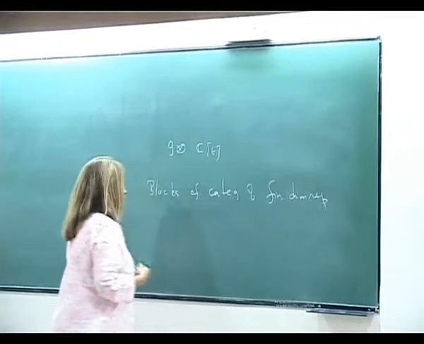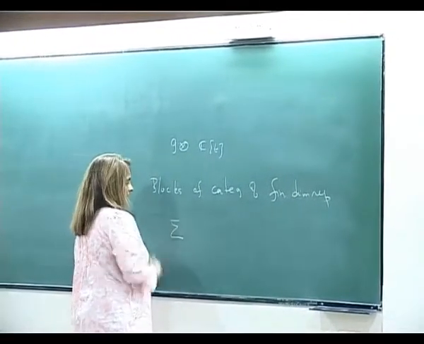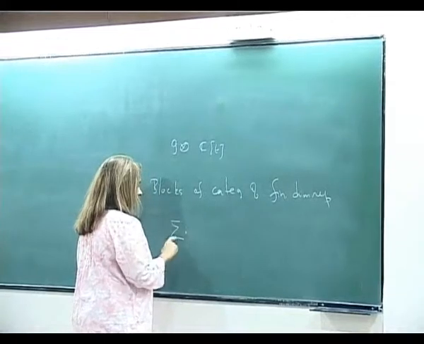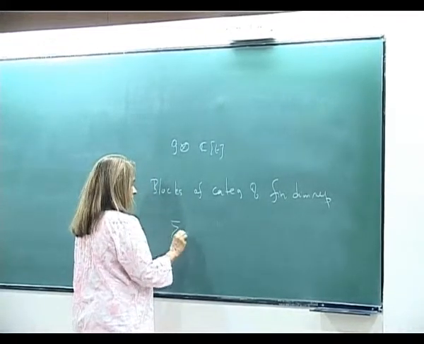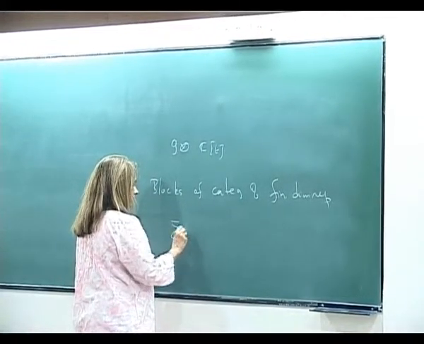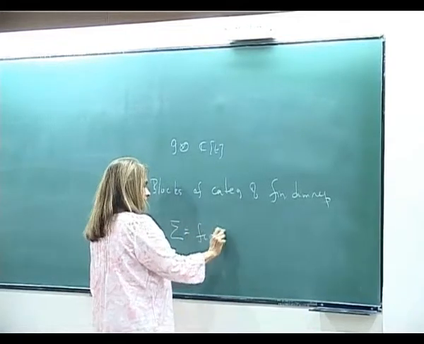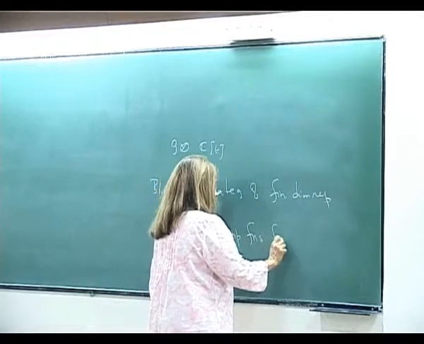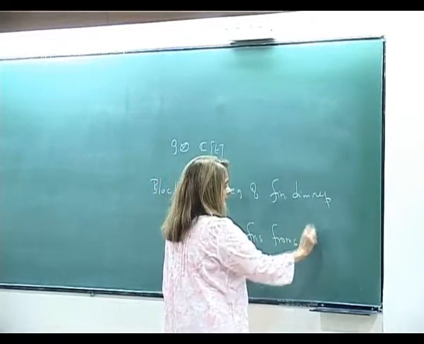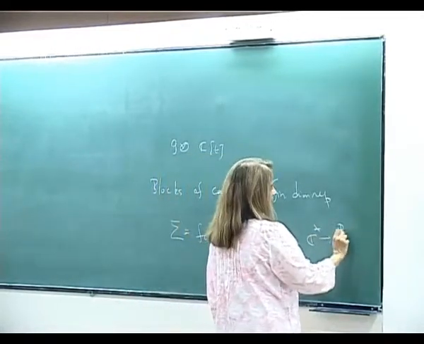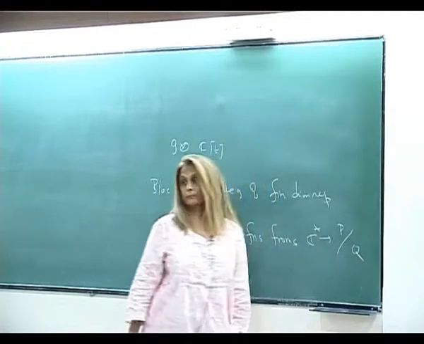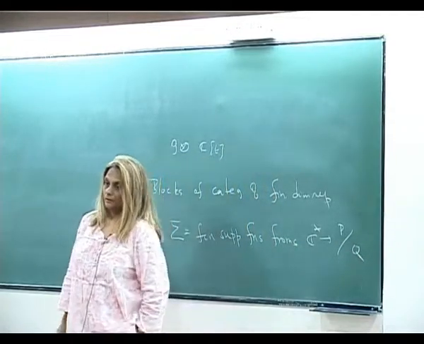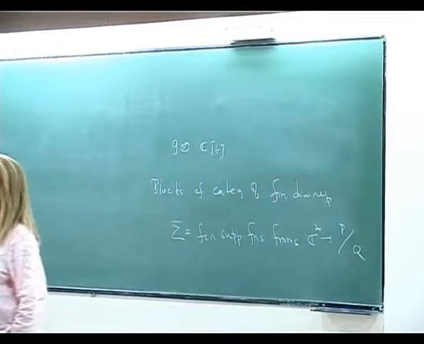Those are given by finitely supported functions sigma from C star to P by Q, weight lattice by root lattice. So the blocks are huge.